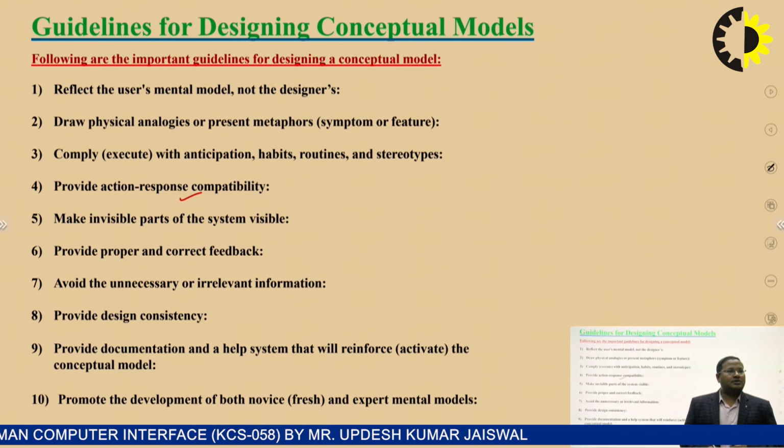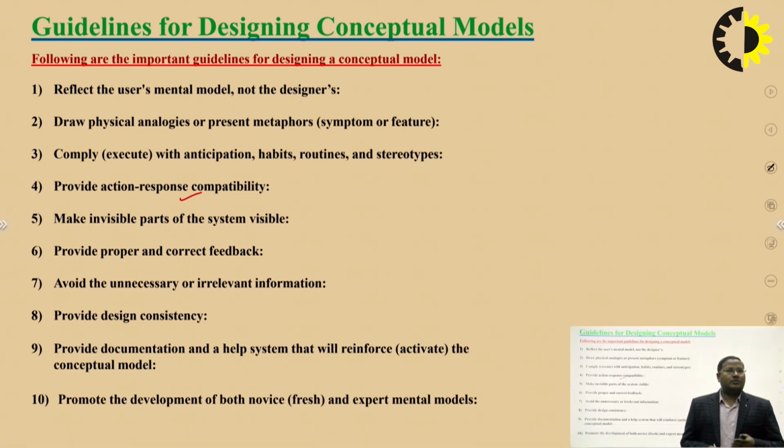The sixth guideline is provide proper and correct feedback. If feedback is provided at the accurate time, at the correct time, and it is provided correctly, then designing the conceptual model becomes very easy, and the conceptual model will be of very good quality.